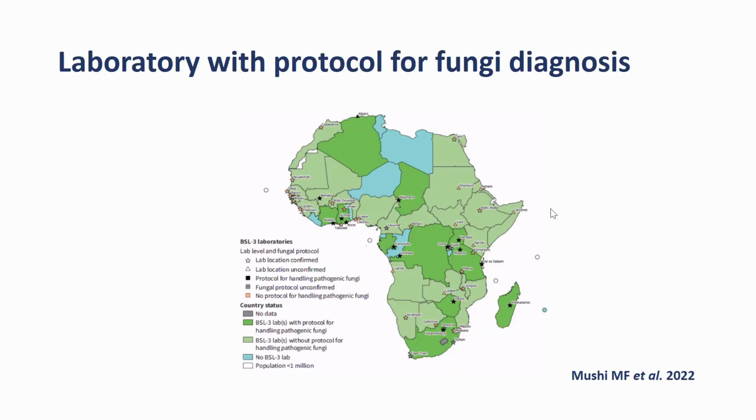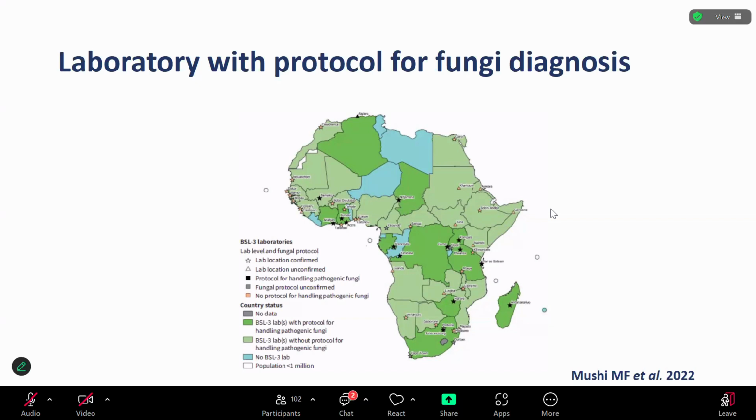And this was 2022. So we are still not anywhere near the 95% of the population in Africa having access to fungal diagnosis. And this fungal diagnosis we're talking about, these are the basic fungal diagnosis.